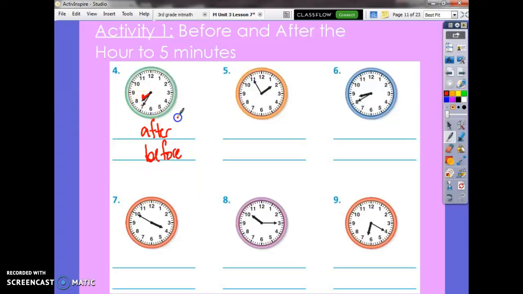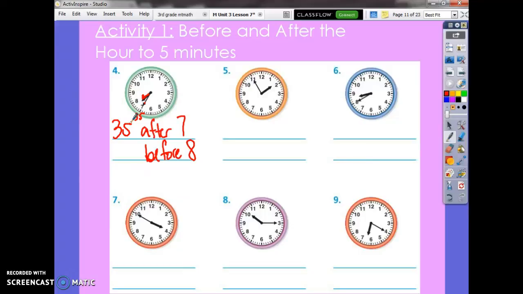Well, it's after 7. Okay. Which means it's before 8. It hasn't quite gotten to the 8 o'clock. Okay. There's always going to be one number difference here. Okay. Now, the minute hand is pointing to the 7, which means 35 minutes. So it hit 7 o'clock and then went 35 more minutes. So it's 35 minutes after 7.